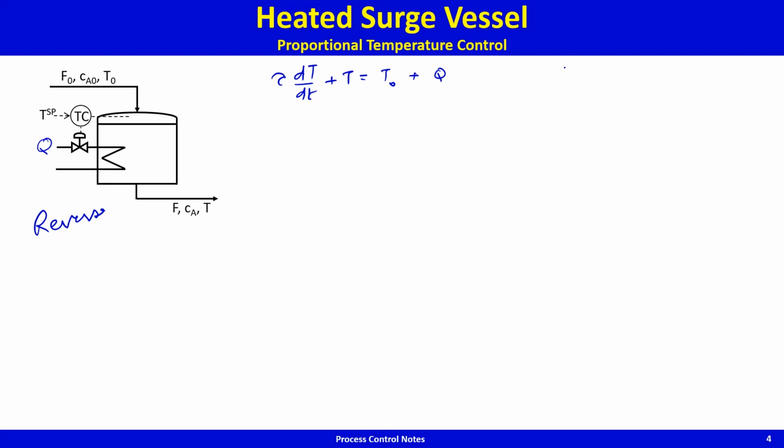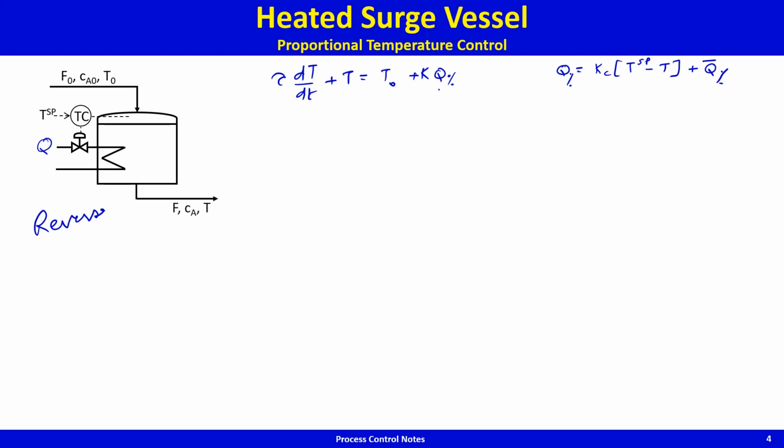And now we are saying that Q is equal to Kc times the proportional deviation away from set point, T set point minus T, and that's reverse action, plus a bias term which would be the initial at rest value of Q. Maybe I'll put a percent here and here.